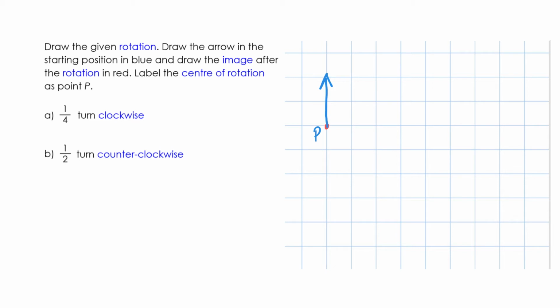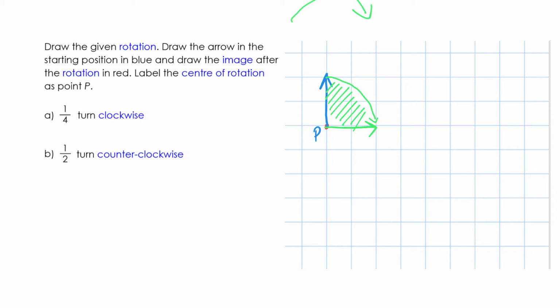It's the center of rotation. It needs to go 1/4 turn clockwise. The direction of a clock is, remember, this way. So this has to go here, and this is where the image would end up, because if this were a circle, this part would be shaded in.